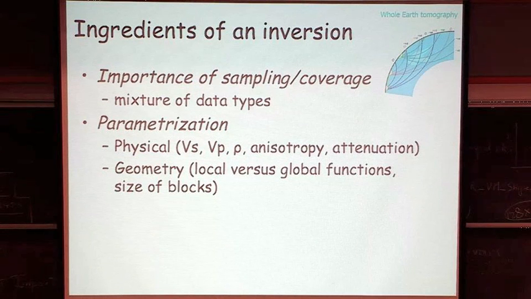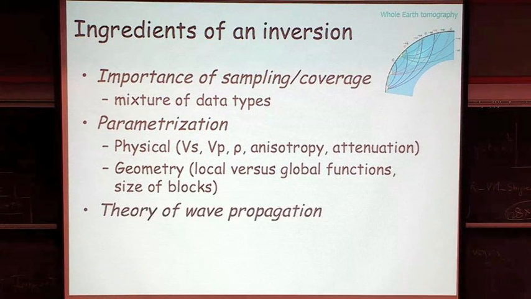So parameterization is very important, and if we really wanted to do things right, you would have to describe the Earth in a full anisotropic tensor, and that makes, at every point on the Earth, 21 parameters of the anisotropic tensor plus density plus attenuation, and this becomes much too much to handle. So we have to make assumptions there.